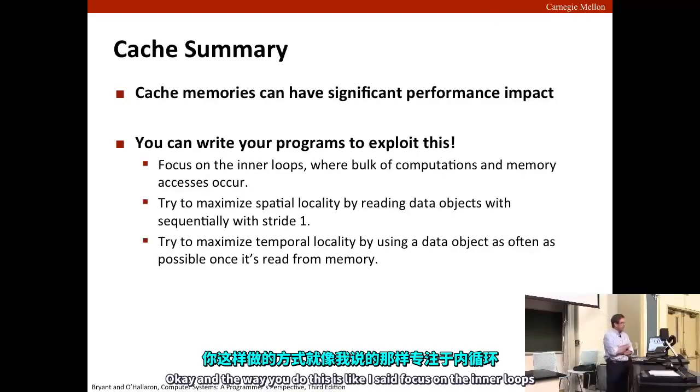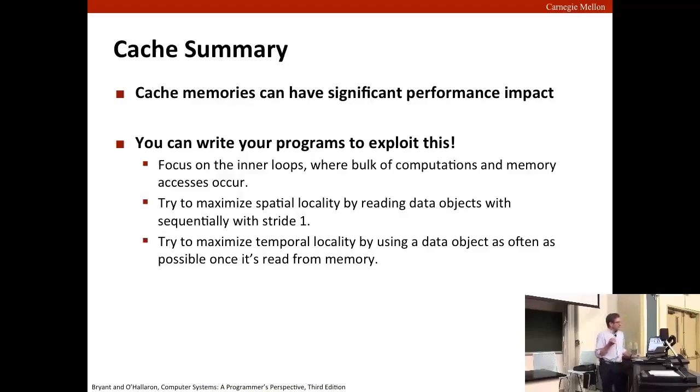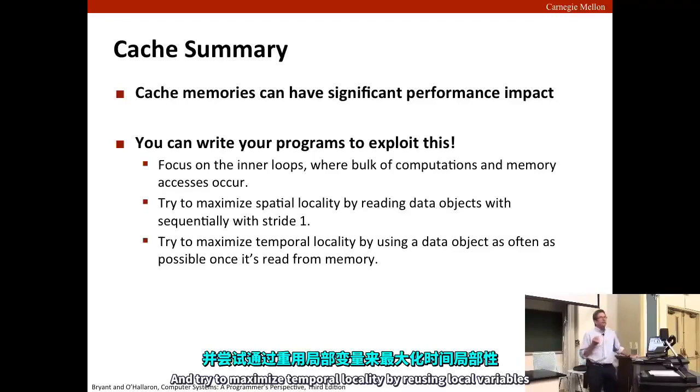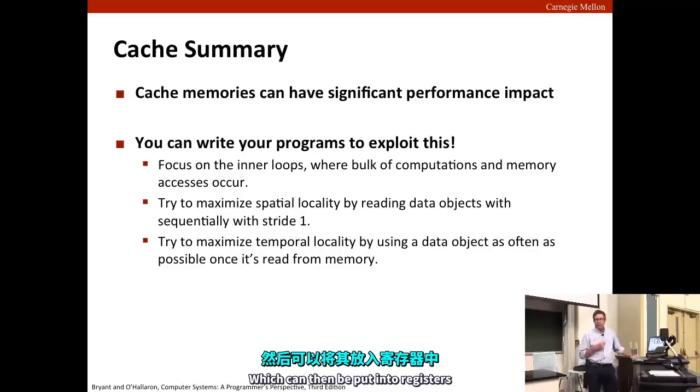And the way you do this is, like I said, focus on the inner loops. Try to do accesses that are stride 1, and try to maximize spatial locality, and try to maximize temporal locality by reusing local variables, which can then be put into registers.